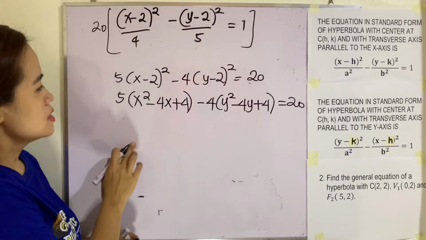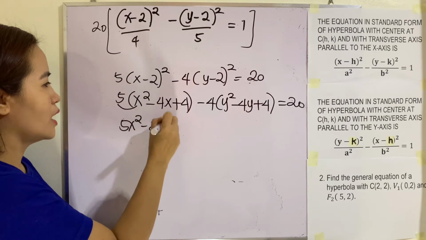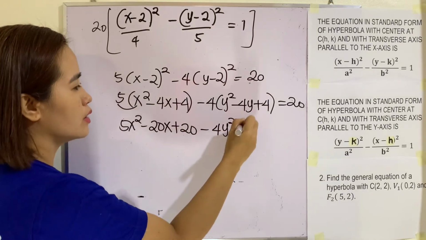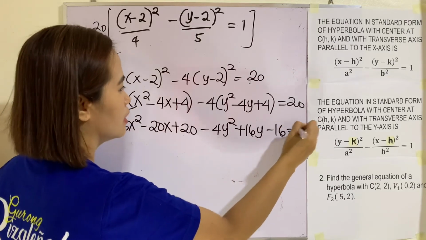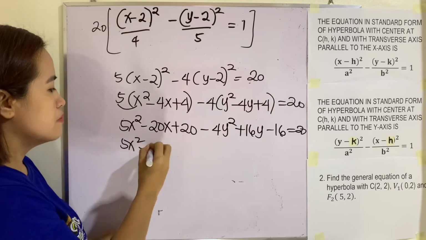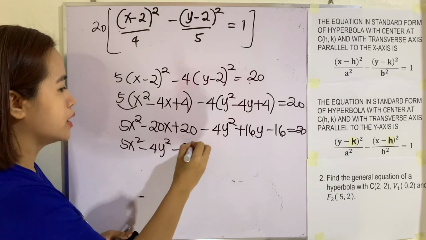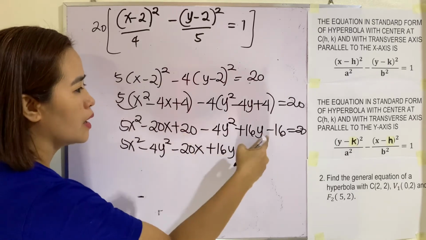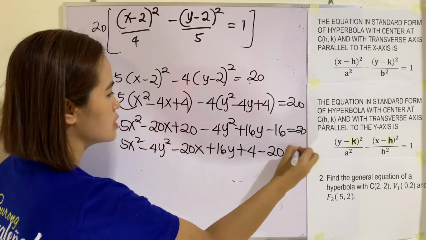Okay, so let's distribute. 5x squared minus 20x plus 20 minus 4y squared plus 16y minus 16 equals 20. So this is now 5x squared minus 4y squared minus 20x plus 16y plus 4 minus 20 equals 0.